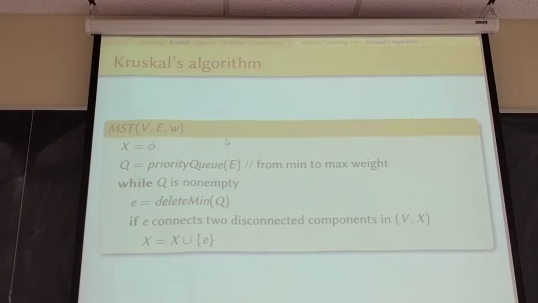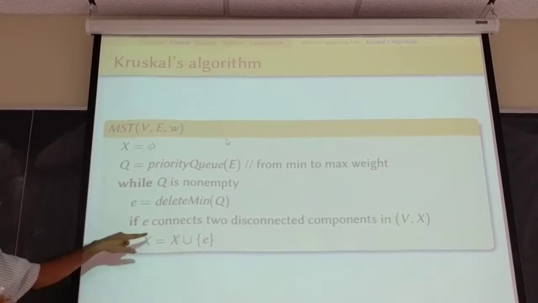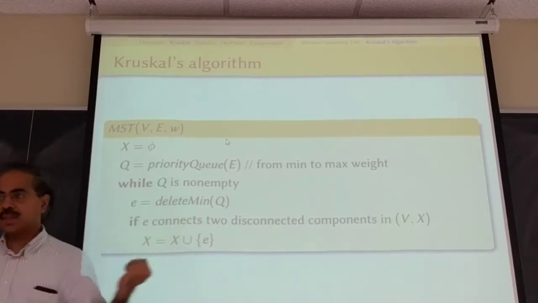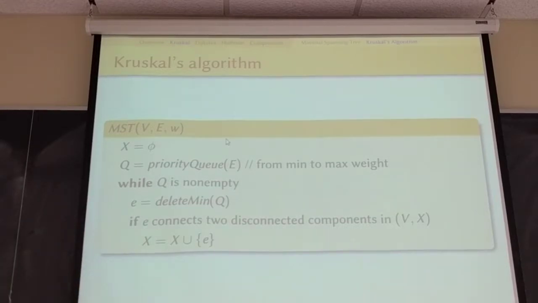Its addition will create cycles if it's already within a connected component. If it's connecting two distinct components, that means there is no other path between the V and U you are connecting, and therefore you will still be moving towards a tree.